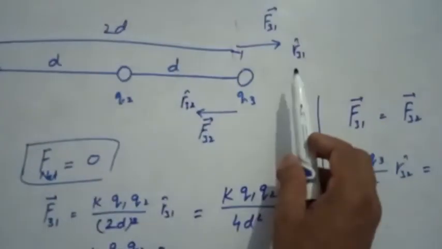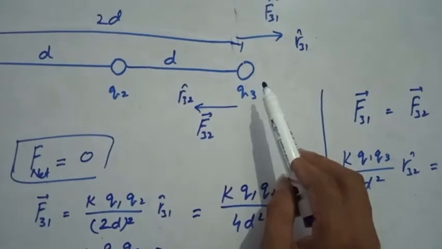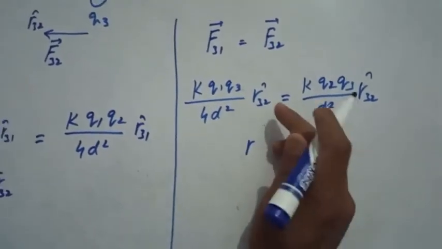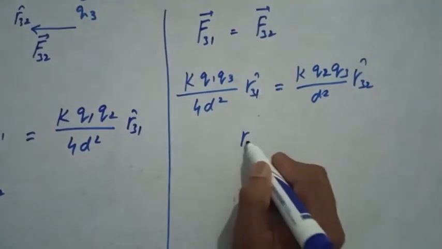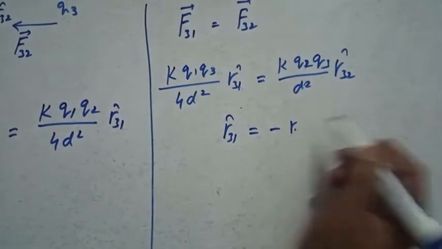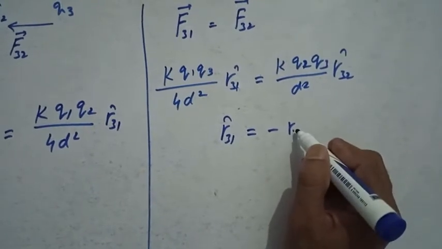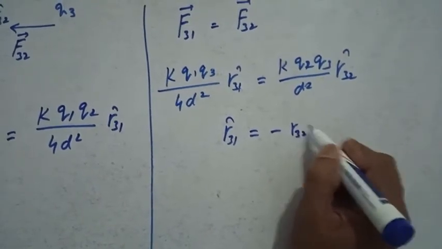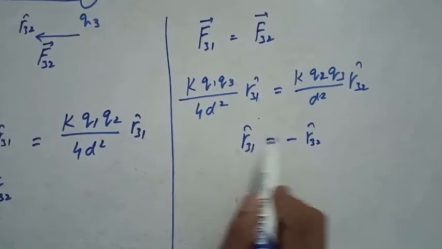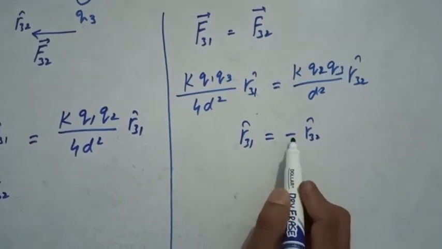As both forces are acting in opposite directions, we can write r31 hat is equal to minus r32 hat. Both unit vectors are equal in magnitude but opposite in direction.